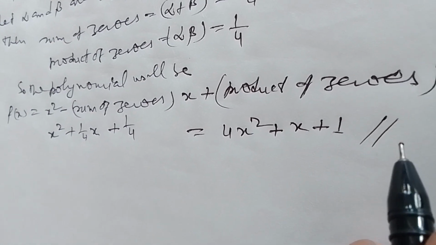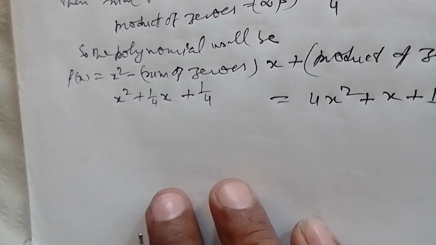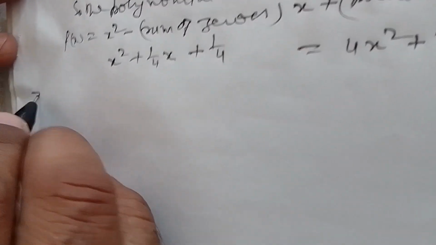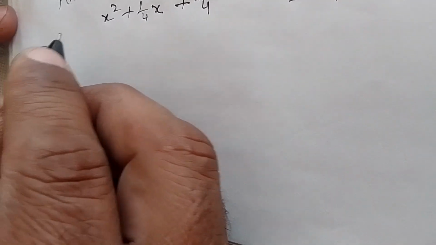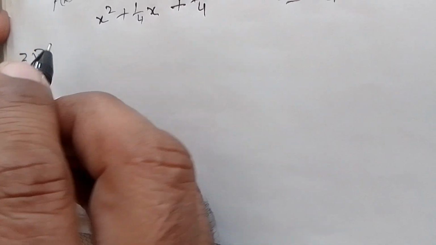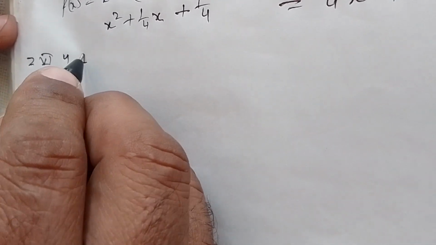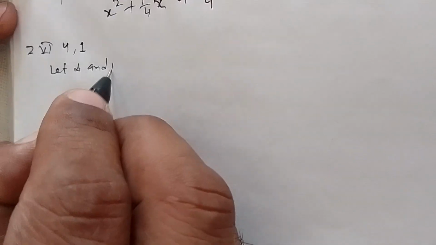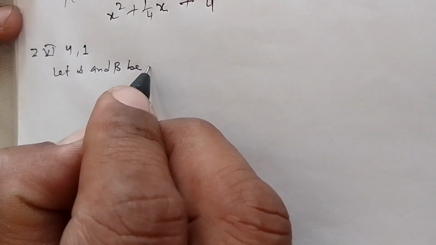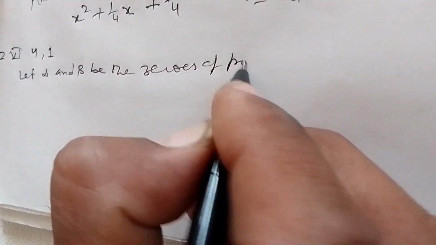Now the last part of this exercise, that is the sixth part of the second question. With this part we will complete our second chapter's exercises. The sum is 4 and the product is 1. So let alpha and beta be the zeros of the polynomial.